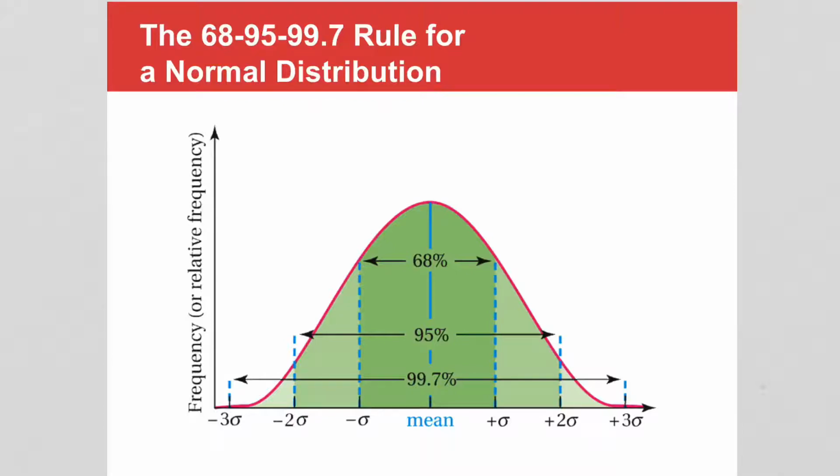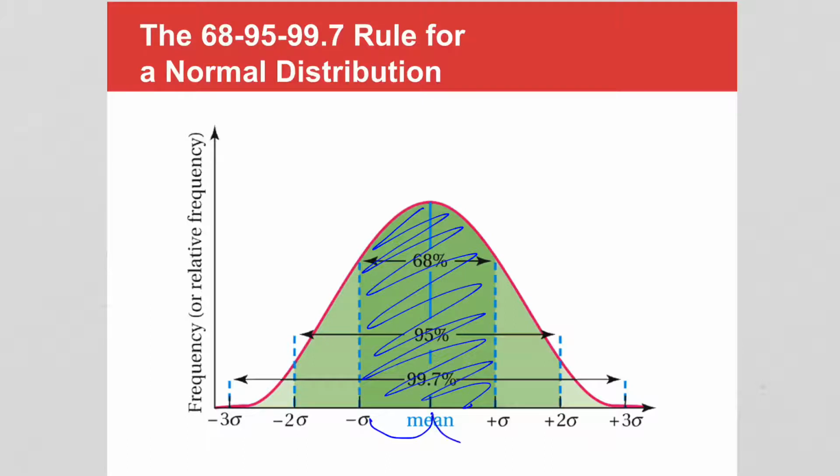So the 68, 95, 99.7 rule is what we just talked about in that previous example. And it looks like this. If you've got a normal distribution, then we expect 68% of the data to lie between 1 standard deviation below the mean and 1 standard deviation above the mean.